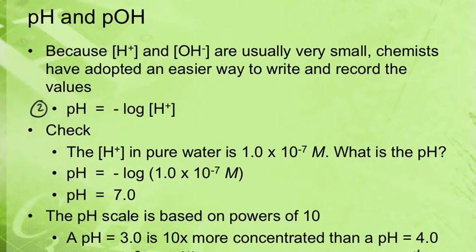A pH of 1.0 compared to 4.0 would be 1,000 times more concentrated. So you can see it has to do with powers of 10 as far as determining how much more concentrated something is. So 0 to 7 is acidic, 7 is neutral, and 7 to 14 is basic on the pH scale.